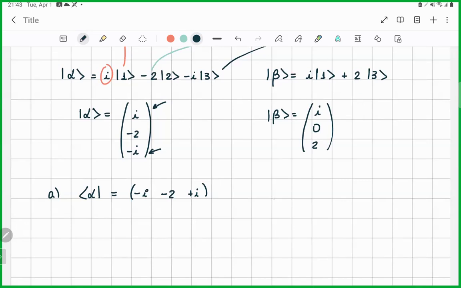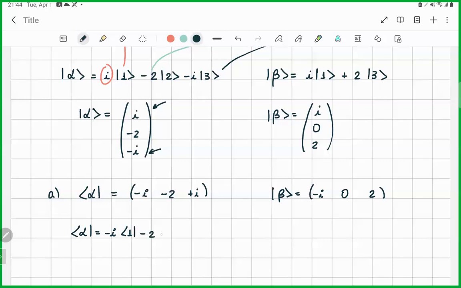And for beta, again, complex conjugate. So we get minus I, 0, and 2. Writing just as I did is correct. If you want, you can write it like this: minus I in terms of the basis vector 1, but now the bra.